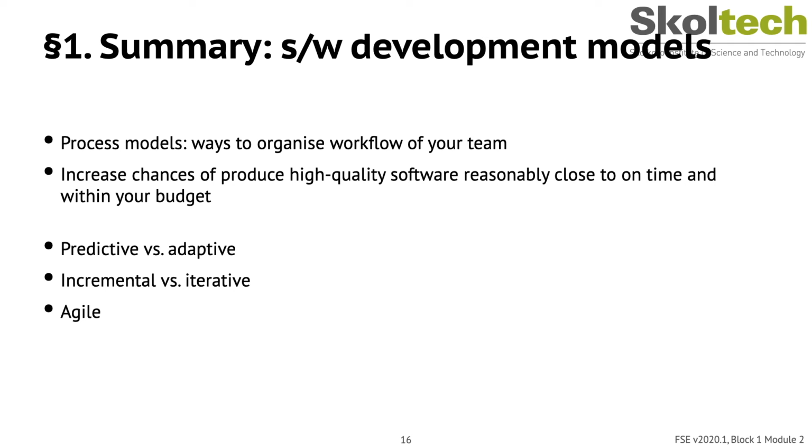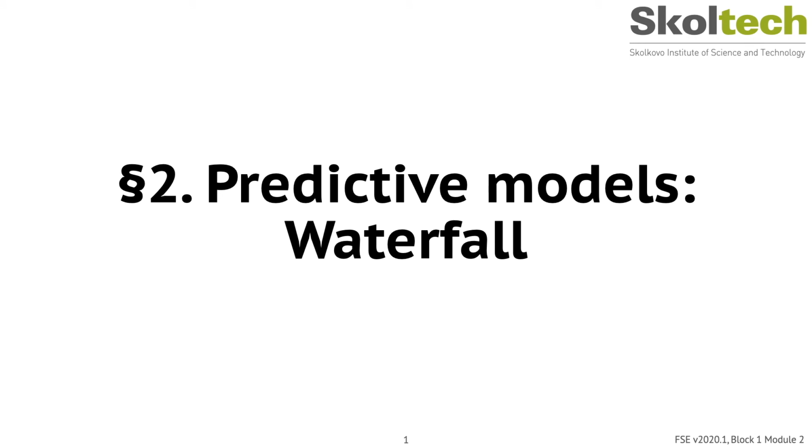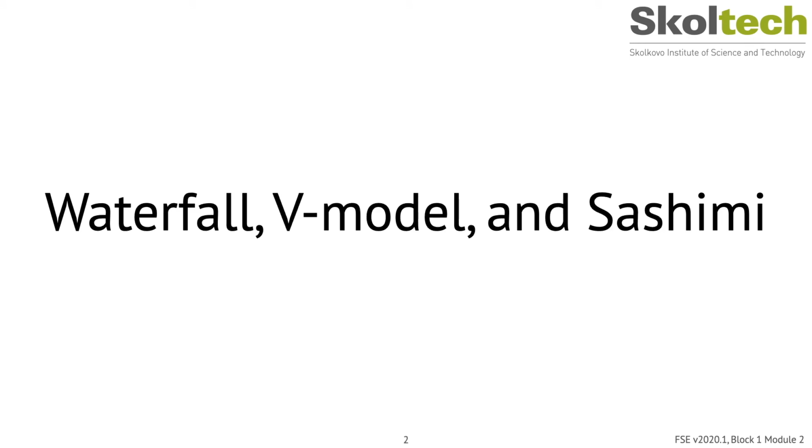They typically also presuppose a number of conditions that we will be talking about later today. So let's get our hands on the predictive models first. We'll start with examining Waterfall, the V model, and the Sashimi.